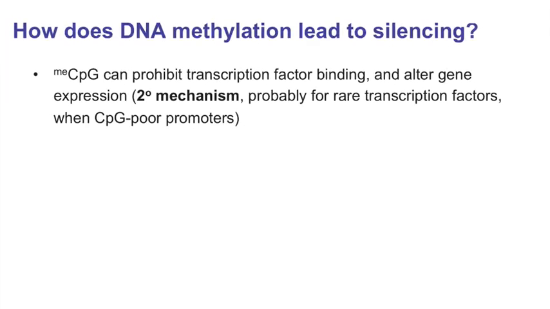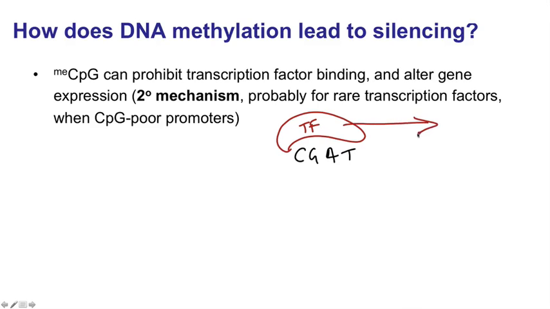Probably the secondary mechanism, which doesn't seem to be as important but can still occasionally occur, is that the methylated CpG will stop a transcription factor binding. So transcription factors have particular binding sites, say for example CGAT. So this binding site might be bound by a protein, a transcription factor, and it will then enable the transcription of the neighbouring gene or the nearby gene.